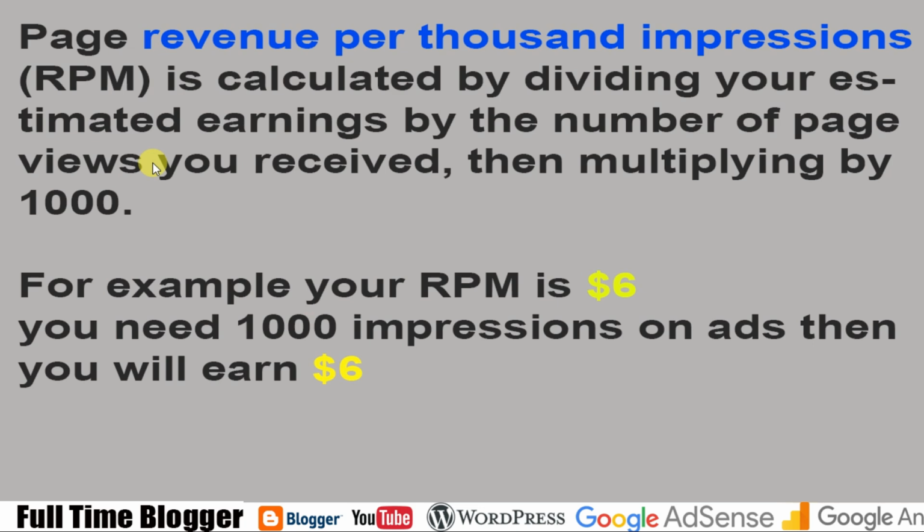It means if you have 500 or 700 visitors, you will earn only $6. This is how it works. So this model is very bad. If you have millions of traffic, you will earn at least $200 or $300 per month with this RPM model.